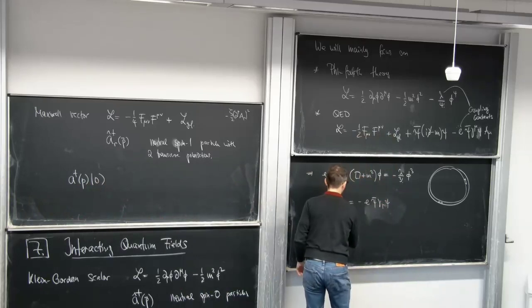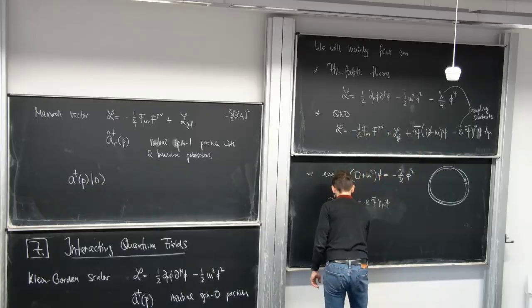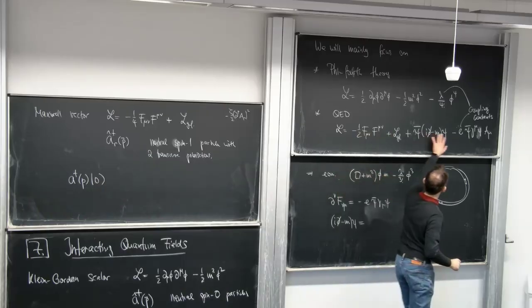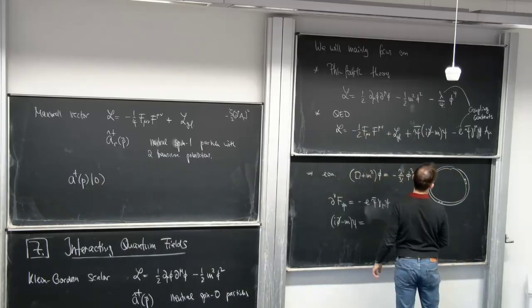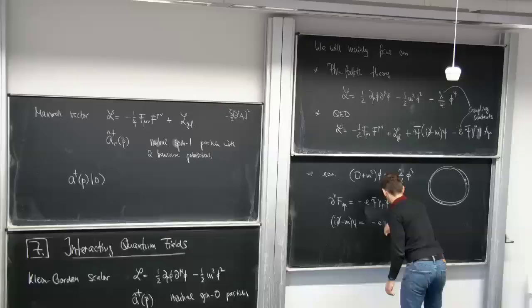And then we have an equation for psi. Varying with respect to psi bar, that is just i d slash minus m psi. This thing equals minus e gamma, you can call it A slash psi, if you wanted to.